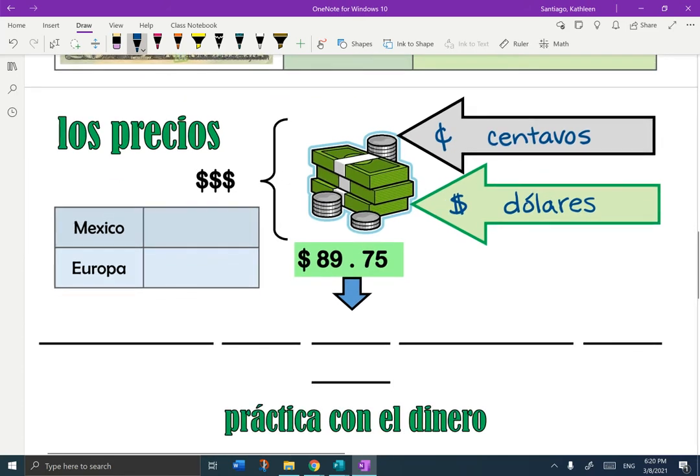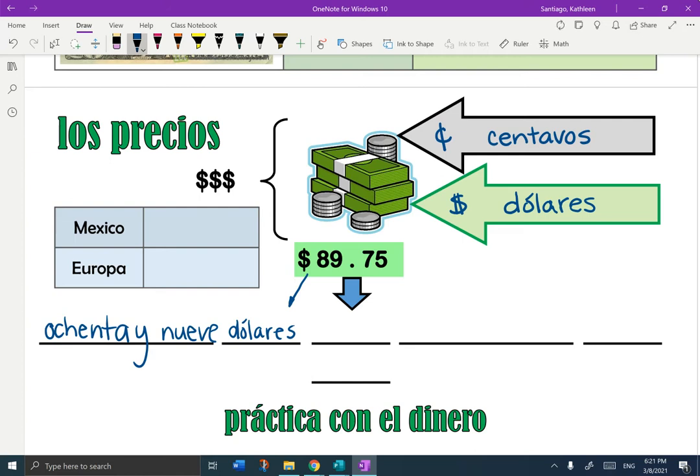Okay, so $89.75. What would that be in Spanish? Well, first we have to write out 89 right in the front. So how do we write 89? Think it through, right? 89, 3 words. Now we have to write the dollar sign is going to go here. Okay, so dólares.